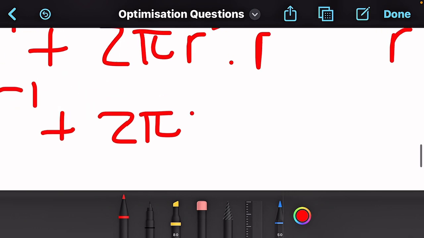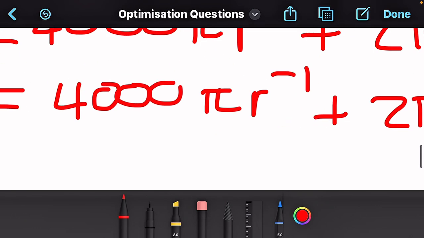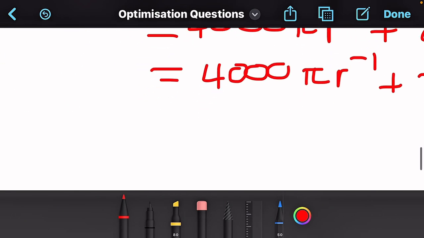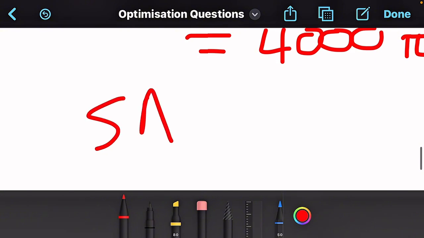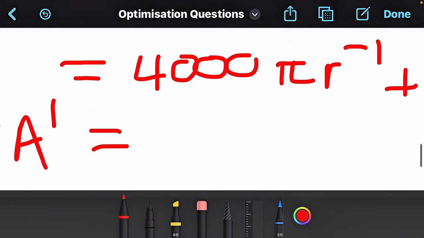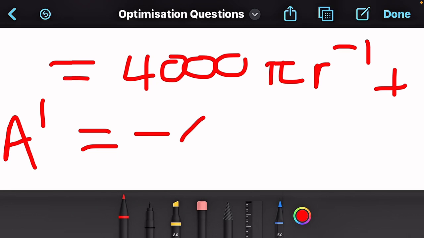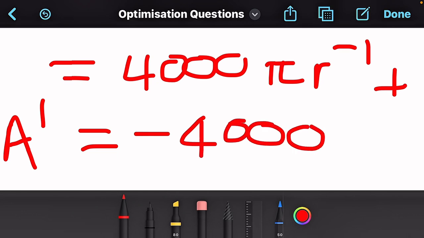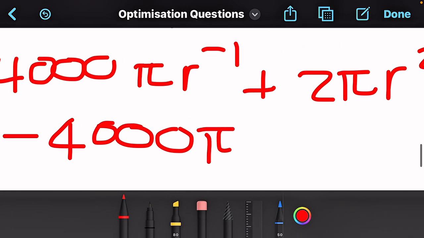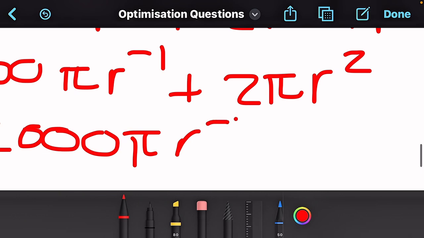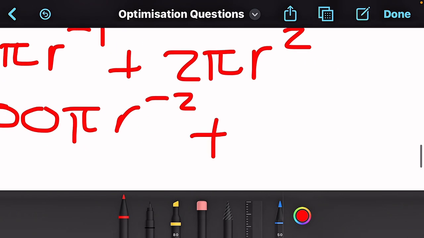So it's going to be 2 pi r squared. Then we need to find the first derivative of the surface area. That'll be negative 4,000 pi r to the power of negative 2 plus 4 pi r.